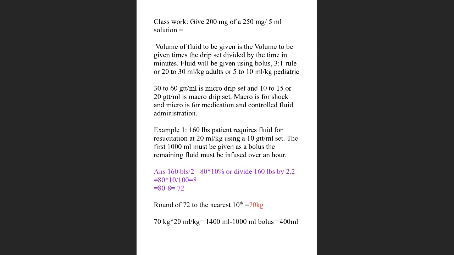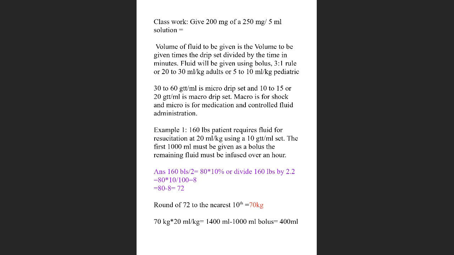And the macro would be 10, 15, or 20 drops per mil. So macro is for shock, micro is for medication and controlled fluid administration. The number represents the amount of drops that would give you a mil for that set.